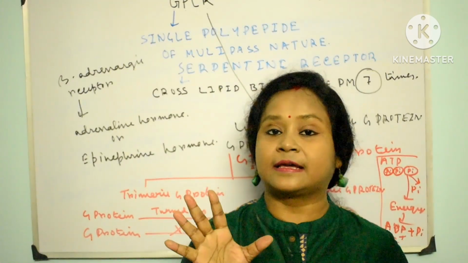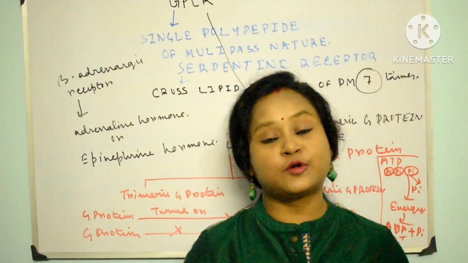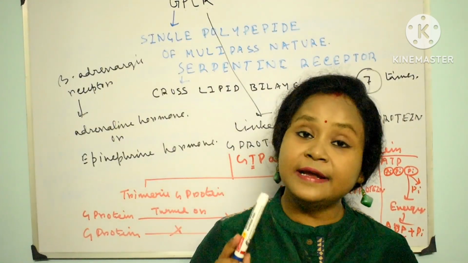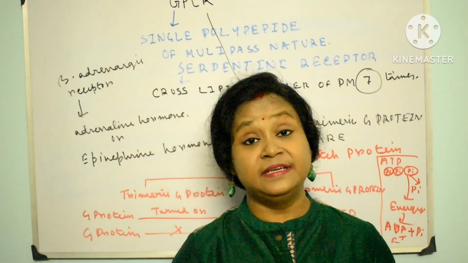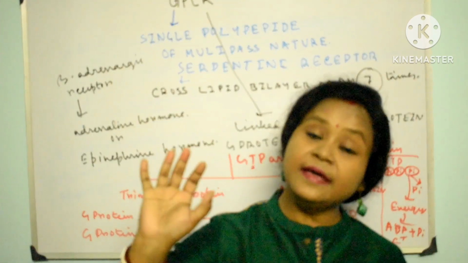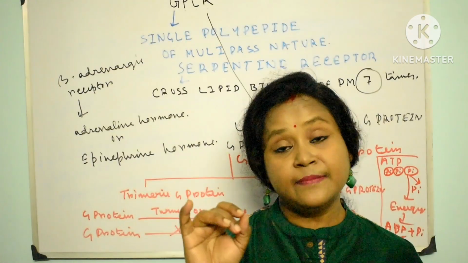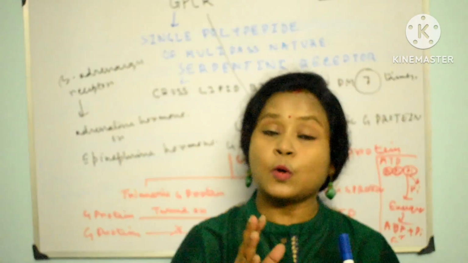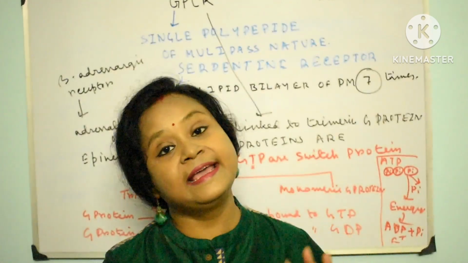The intrinsic GTPase activity of this GTP binding protein hydrolyzes the bound GTP into GDP plus Pi. I have already shown here GDP plus Pi. Pi means inorganic phosphate, thus converting the active form into the inactive form again.